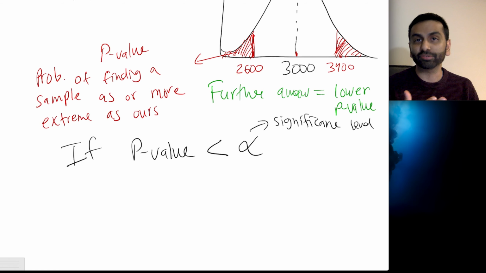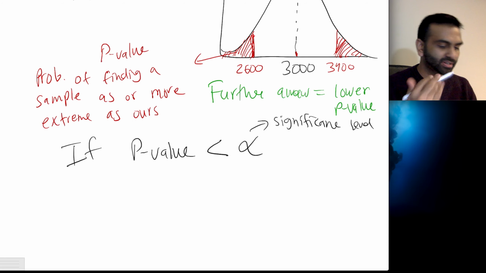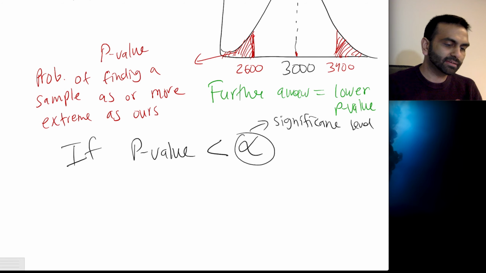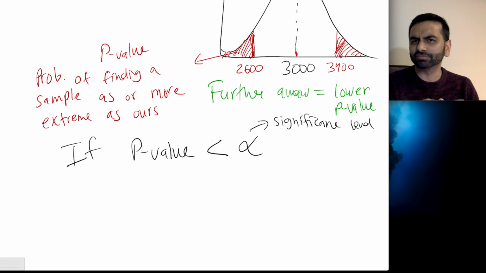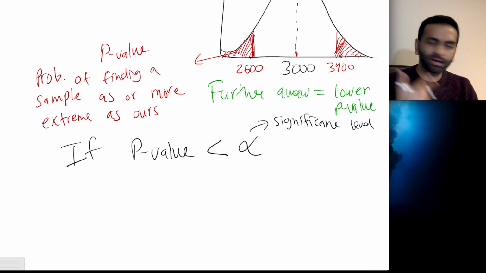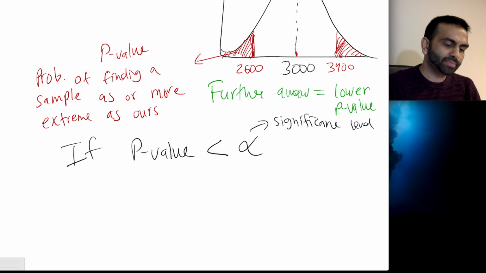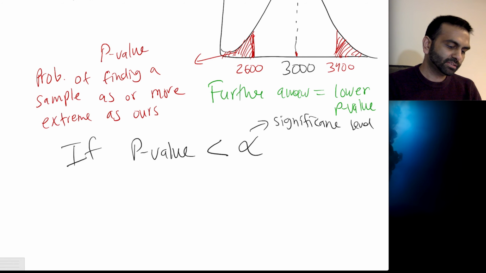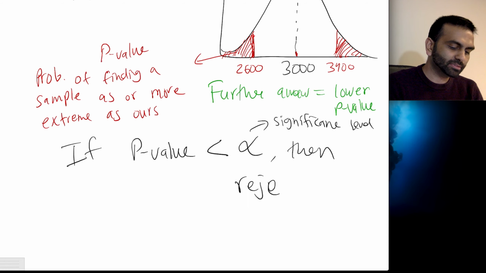In most social science research, you're checking if your p-value is less than 5%. We don't really solve for alpha, it's just something that we pick. If our p-value is below that threshold, then you reject the null hypothesis. So that's basically how this test works.